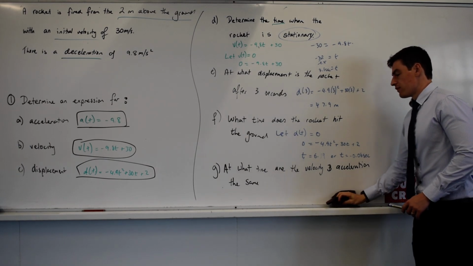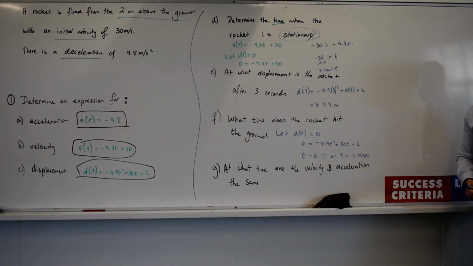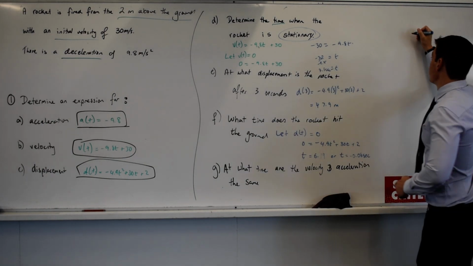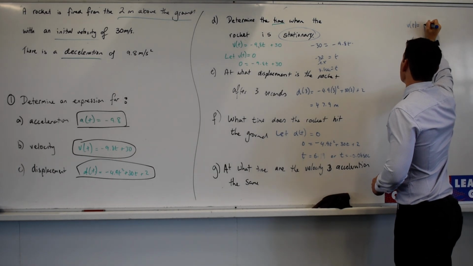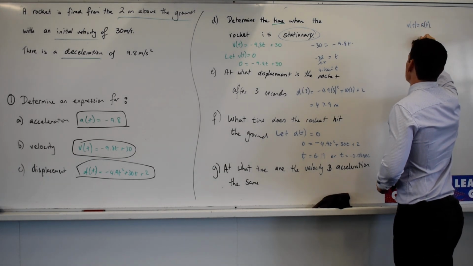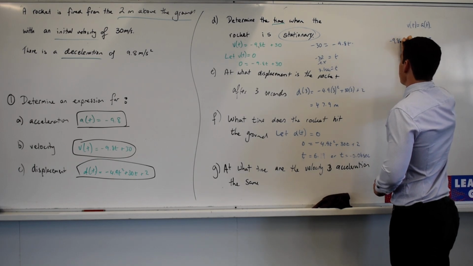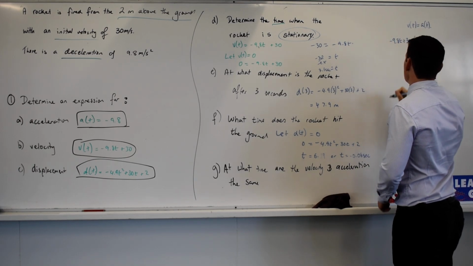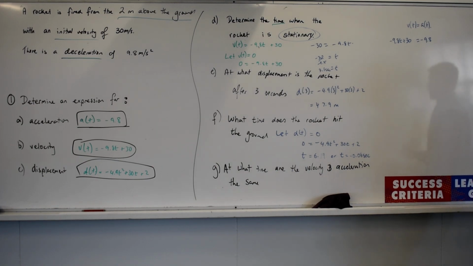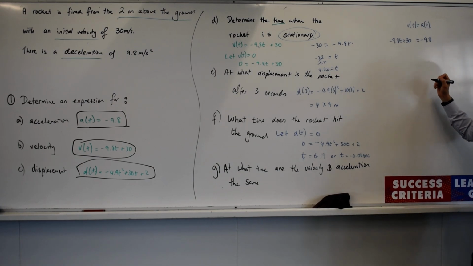At what time are the velocity and the acceleration the same? What should we do? Let Vt equal 80. Very good. So I get negative 9.8 equals negative 9.8t plus 30. What should I do now? Take the velocity to the acceleration side.